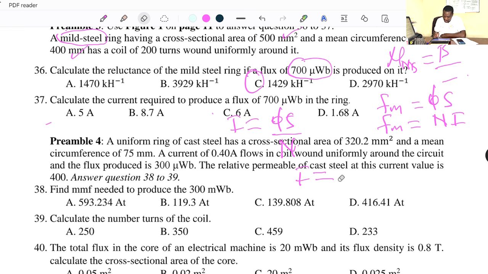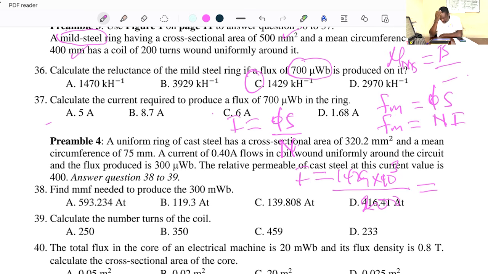So here we get the reluctance, which I can just use from the answer here, 142.9 kilo, over the number of turns, 200.